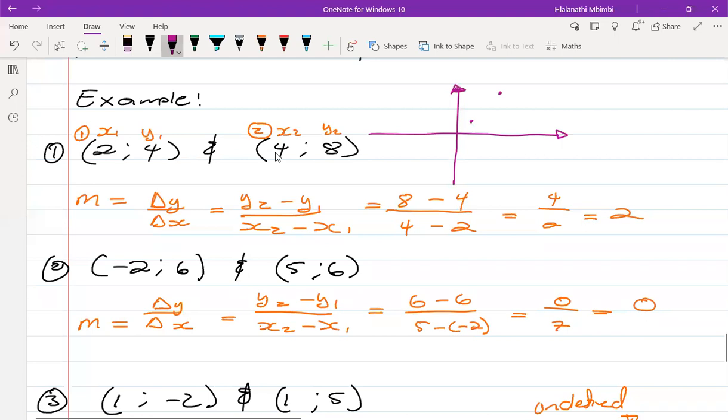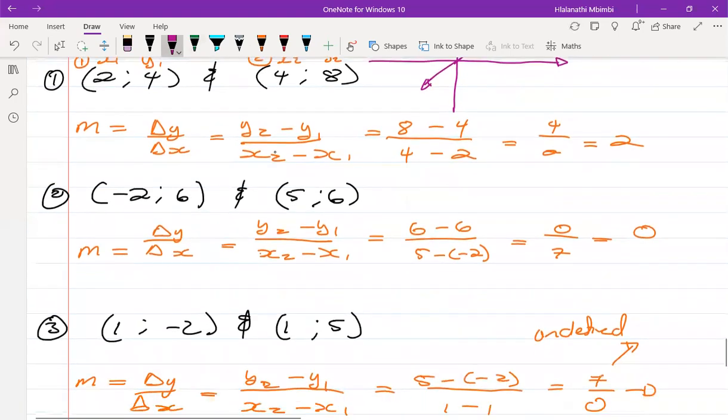Now, this graph is not accurate. I just want you to look at the fact that your graph is like that, not where it cuts and whatever. So you can see your graph looks like that when your gradient is positive. It's leaning more to the right.